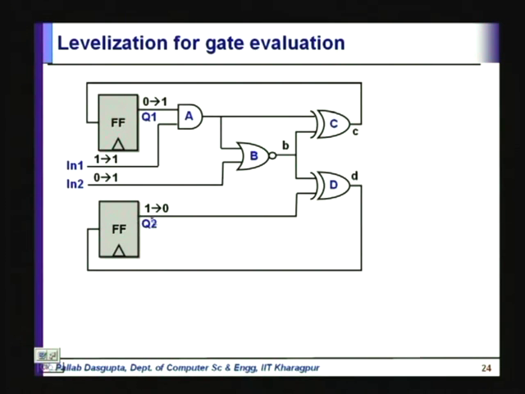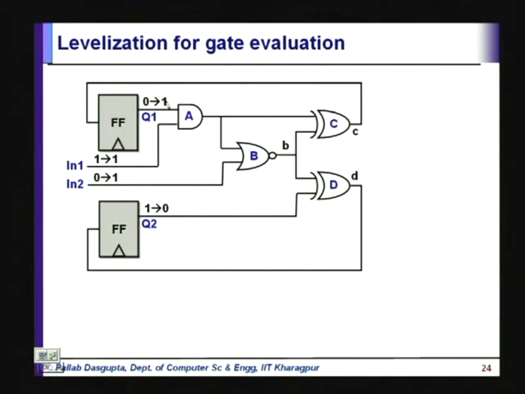The output of this flip flop has changed from 1 to 0. This input has remained at 1, this input has changed from 0 to 1. Now, we assume that all of these take place at the same time, because we are only interested in the steady state values. So, when every input has stabilized, these are the values which matter, the values 1, 1, 1 and 0.